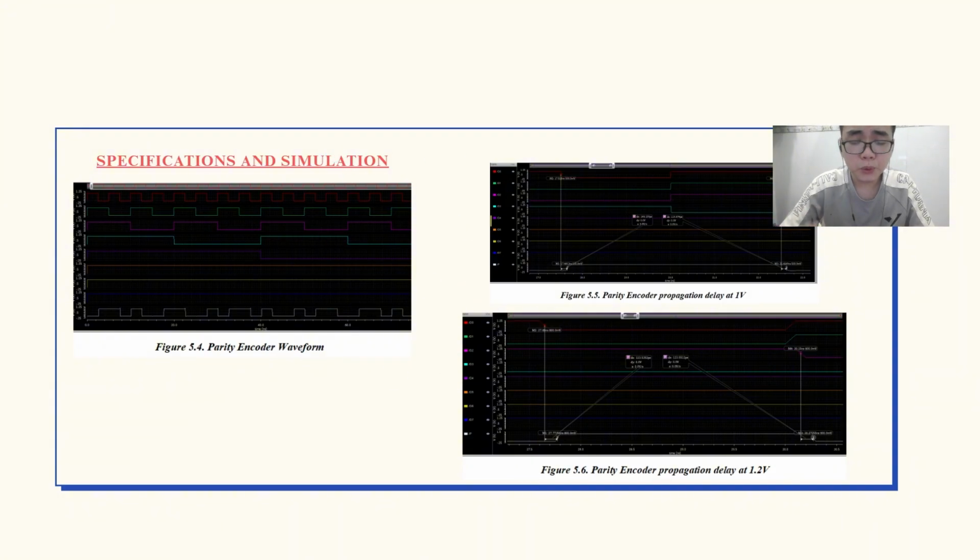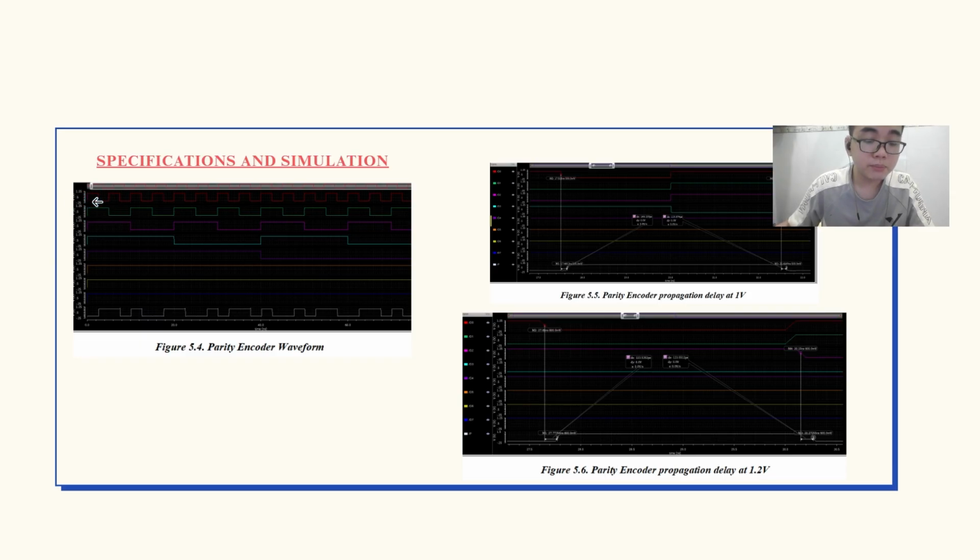Now let's move to the simulation waveform of the parity encoder. In this figure, 5.4 parity encoder waveform, we can observe that input bits D0 to D7 switch periodically between logic high and logic low.